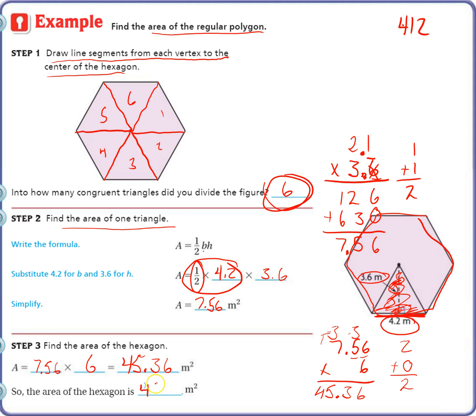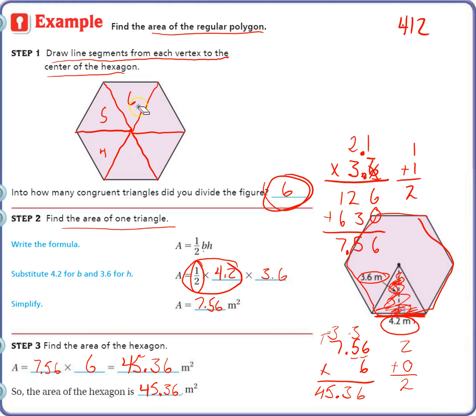Okay, so 45.36, or we can read this number as 45 and 36 hundredths, and it's meters squared. So the area of one of those triangles was 7.56.